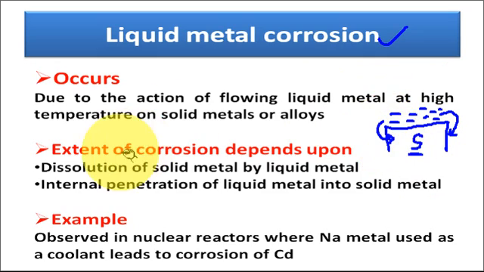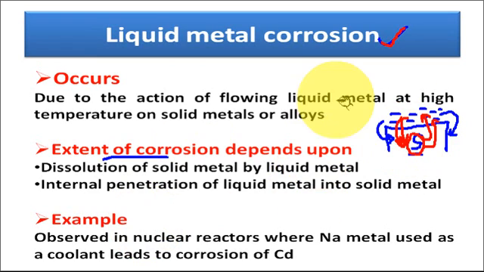In such cases, the extent of corrosion depends upon two things. First is the dissolution of this solid metal into this liquid metal. Second thing is the internal penetration of this liquid metal into solid metal. These two factors determine the extent of corrosion in case of liquid metal corrosion.